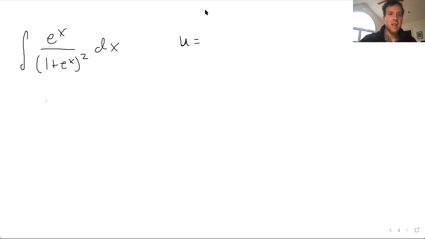In this case, if you tried the entire denominator as u, you take the derivative to get du. The derivative of this is going to be a chain rule problem and is a lot of stuff which isn't really available.